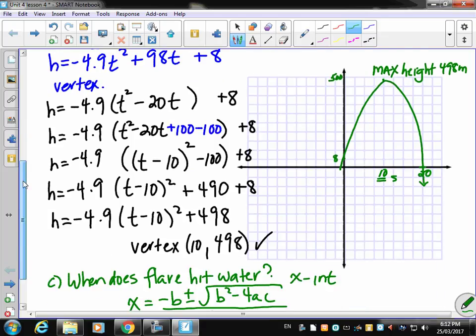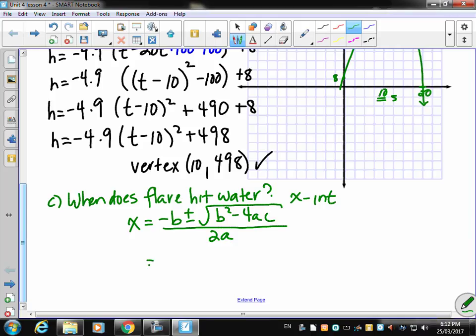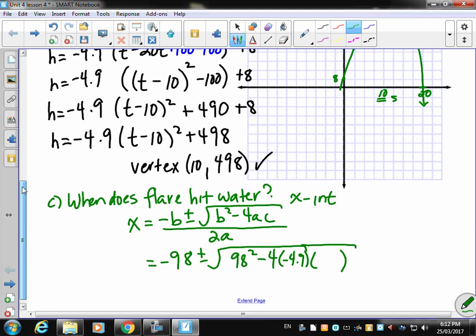So when I do this, I have negative 98 plus or minus the square root of 98 squared, subtract 4 times negative 4.9 times, sorry, that square root sign should have been a lot longer.